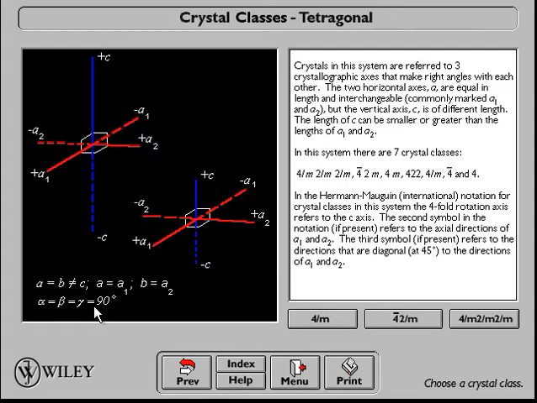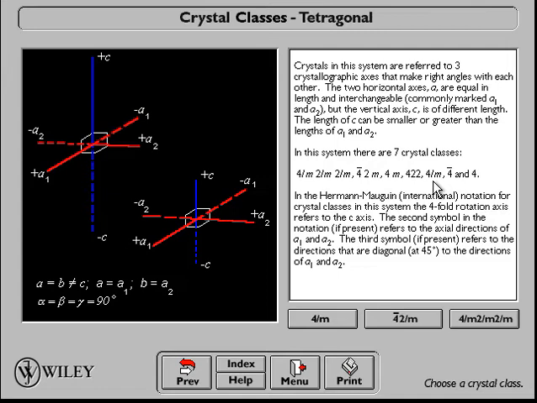In this system there are 7 crystal classes: 4 over m 2 over m 2 over m, 4 over 2m, 4mm, 422, 4 over m, 4 over, and 4. In the Hermann-Mauguin international notation for crystal classes, in this system, the 4-fold rotation axis refers to the C axis.